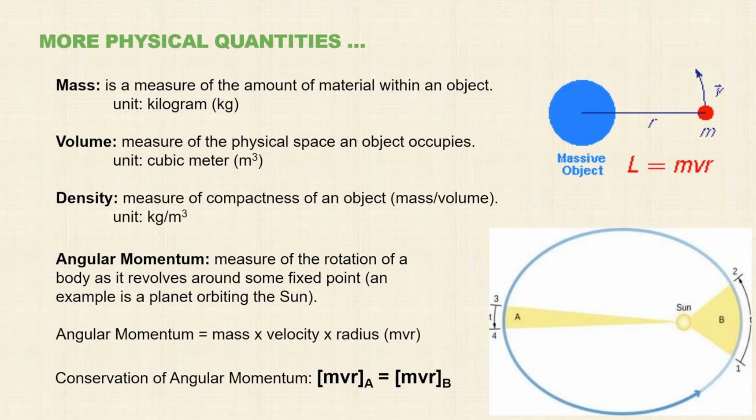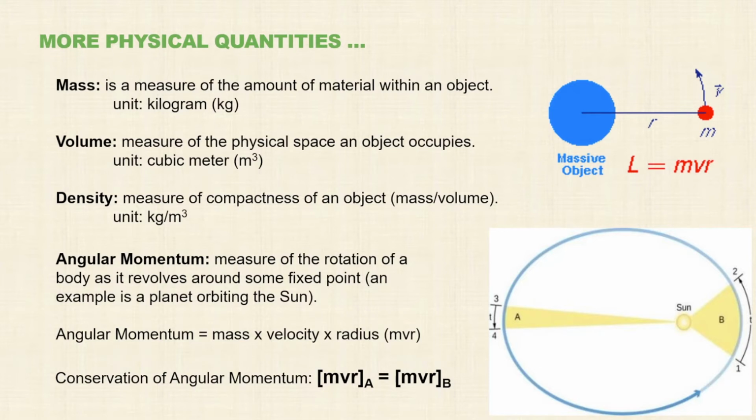So now let's look at it more in terms of angular momentum. It's the measure of the rotation of a body as it revolves around any central body. The formula: angular momentum is mass times velocity times radius.